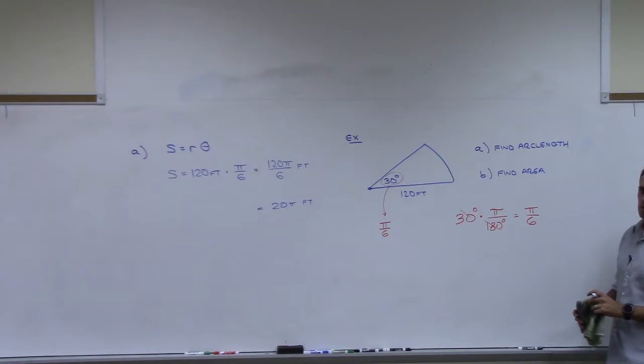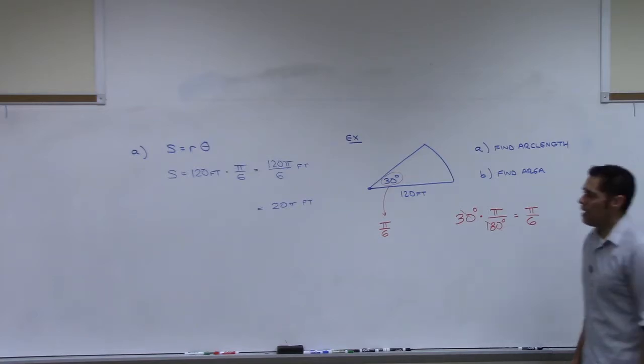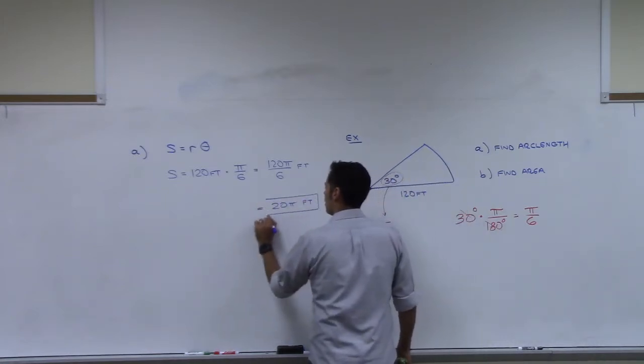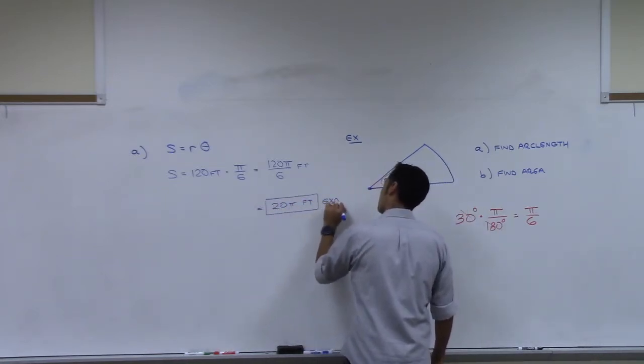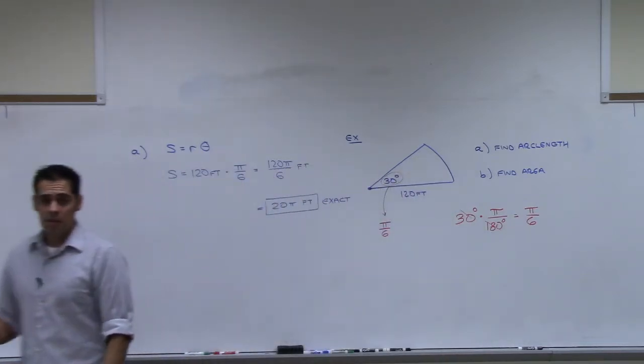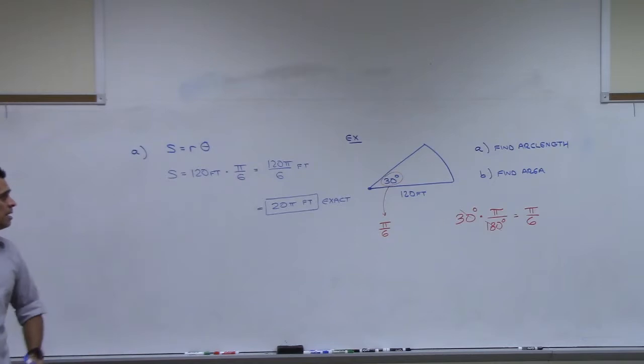Six goes into 120 20 times. Now, that would be what we call our exact answer. Exact meaning I'm not doing any rounding. There's no approximation. This is exactly what it is.